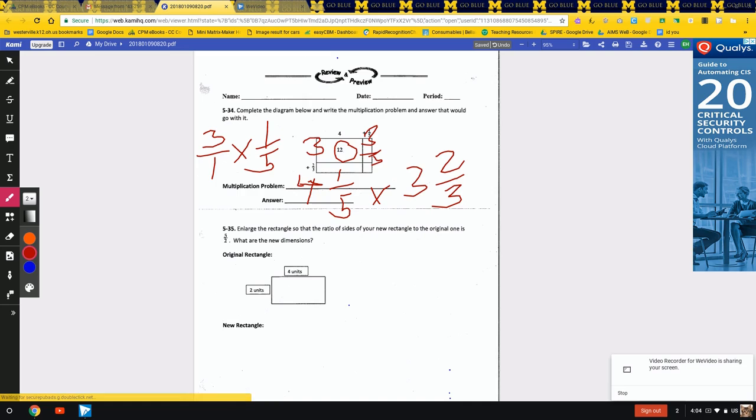Down below, you have 4 times 2/3. So 4 times 2 is 8, and 3 times 1 is 3. And then in the last box right here, you have 1/5 times 2/3. So 1 times 2 is 2, and 3 times 5 is 15.